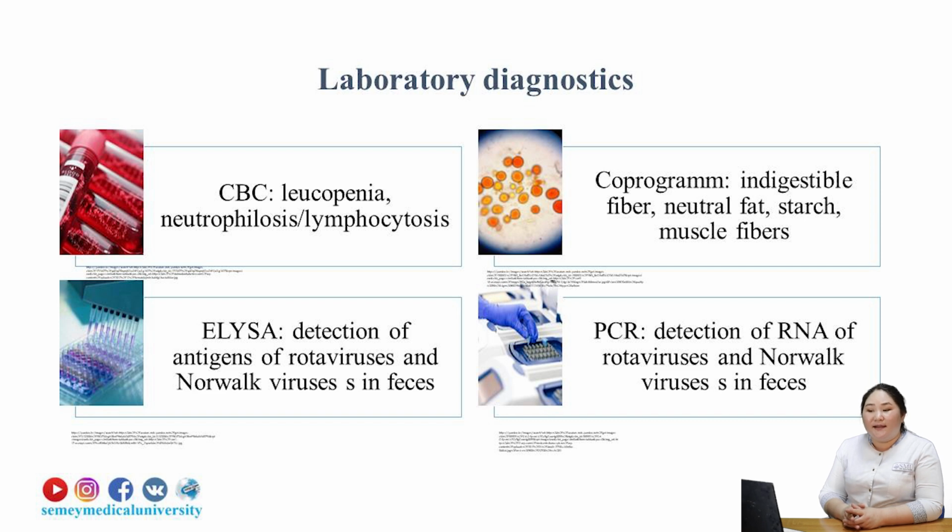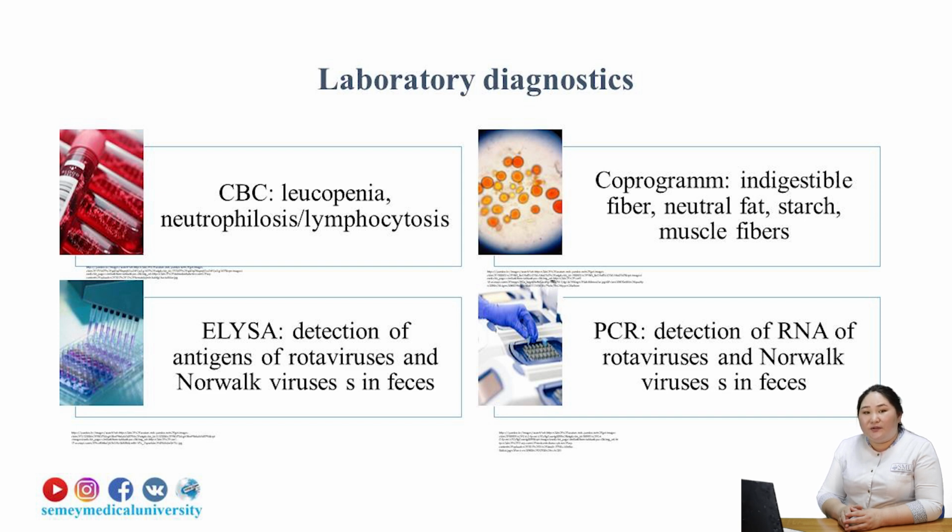How do we diagnose viral diarrheas? Diagnostics are based on general clinical analysis like CBC. There are no specific features; leukopenia can be seen, and we will look at the coprogram. In the coprogram there is also no inflammation. We can only find undigested fiber, starch, fatty acids, etc. The specific lab tests are based on serological and molecular genetic methods.